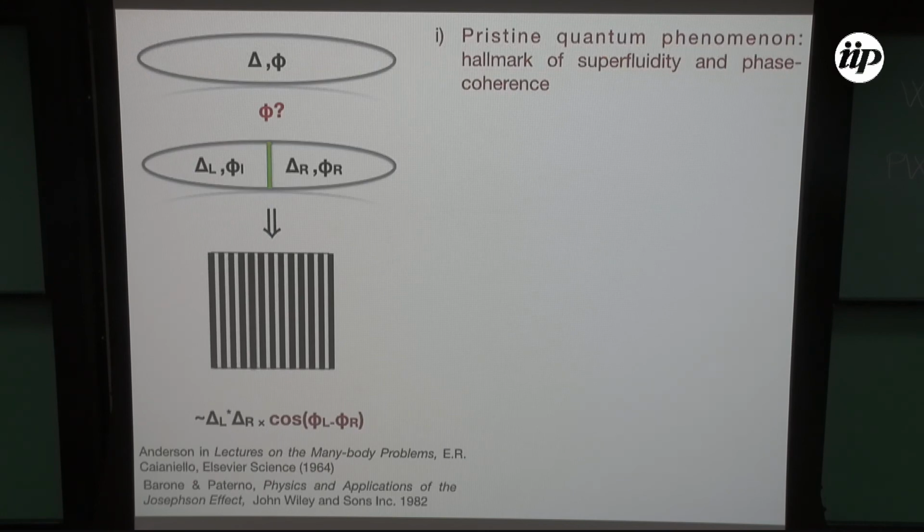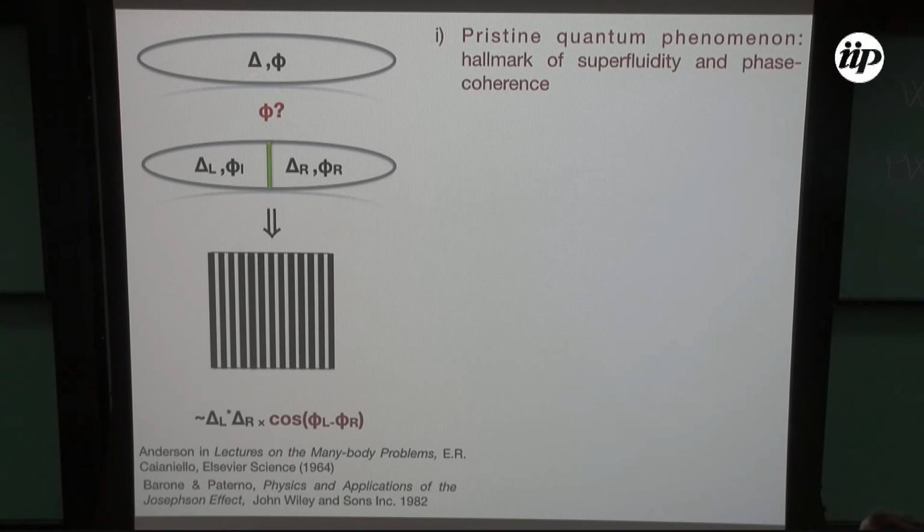I probably don't need to motivate in front of you why the Josephson effect is interesting, but I believe that this is really a very fundamental phenomenon, and in fact it is the one that can link superfluidity and phase coherence in one measurement. Using the words of Phil Anderson, the Josephson effect is the tool to pinpoint the order parameter of a superfluid state.